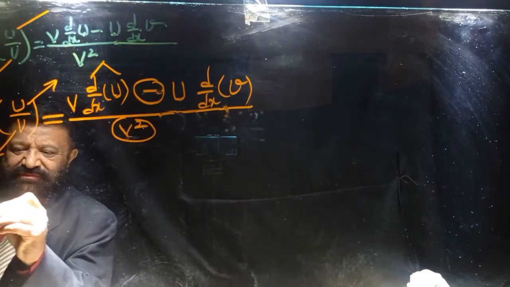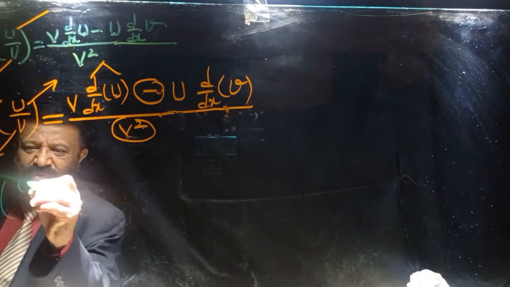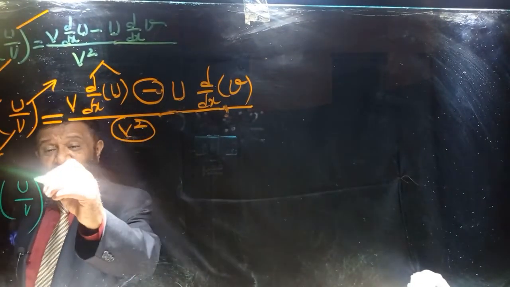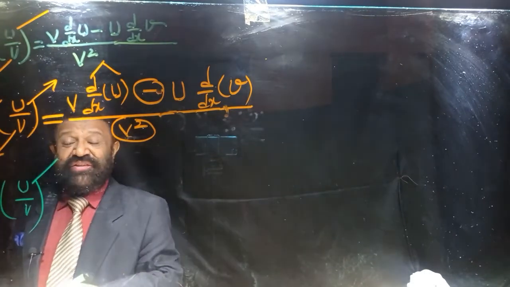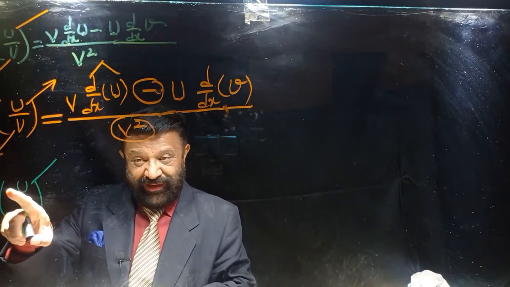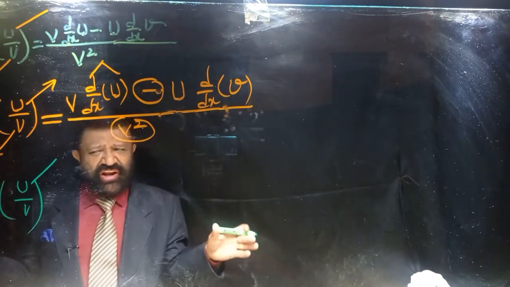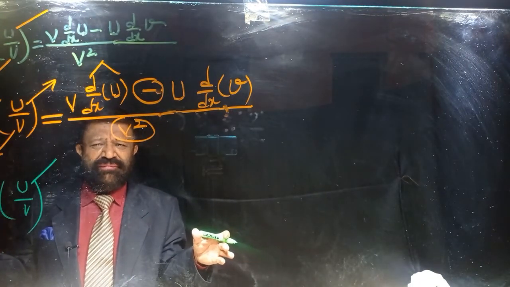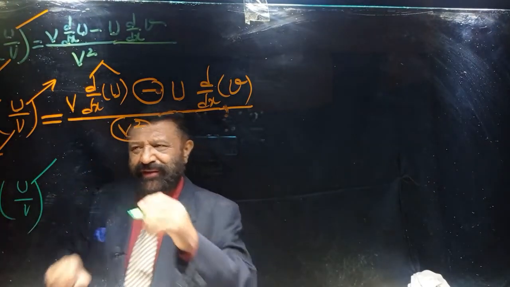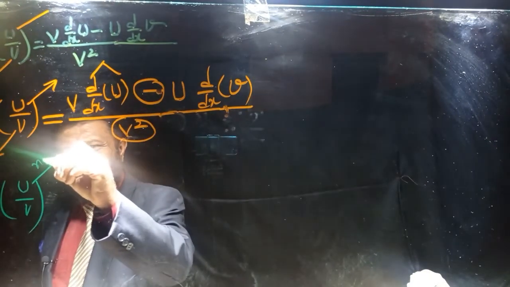That is, derivative of u divided by v. What is this? Numerator. Everything has its name. So write over here numerator.